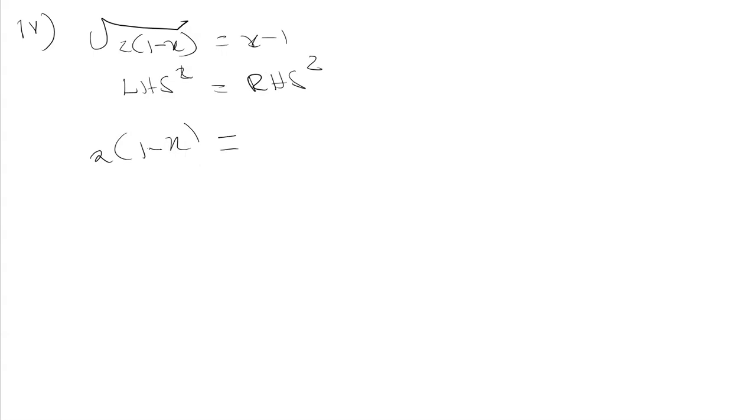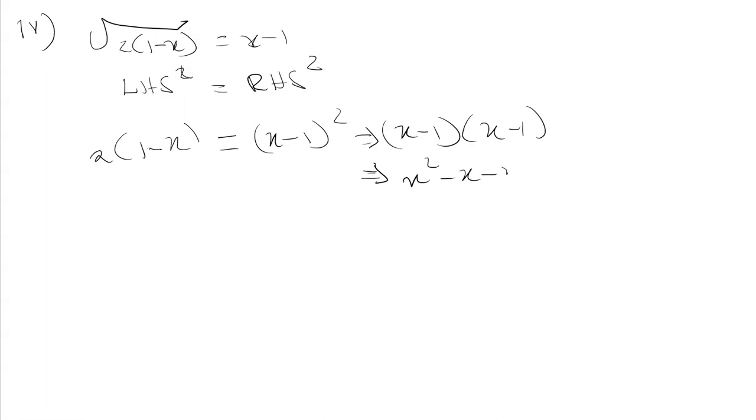This is equal to (x minus 1) squared, which we can write as (x minus 1)(x minus 1), which we can write as x squared minus x minus x plus 1, simplified to x squared minus 2x plus 1. This is the right hand side.